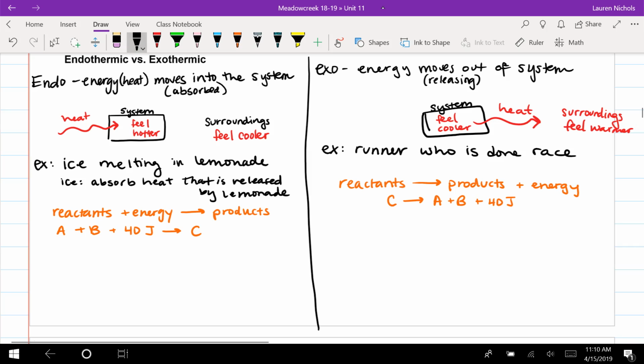You can see this in graph form, where you have the time of your reaction on your x-axis and energy, measured in joules, on your y-axis. You'll see that your reactants for an endothermic reaction start out lower than your products do.